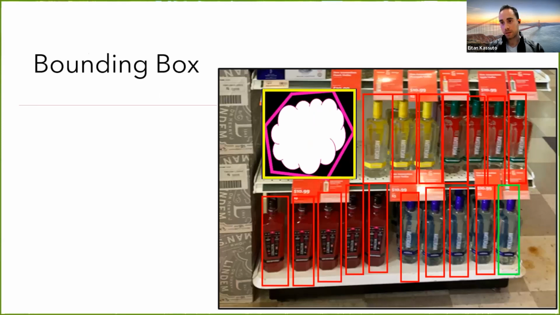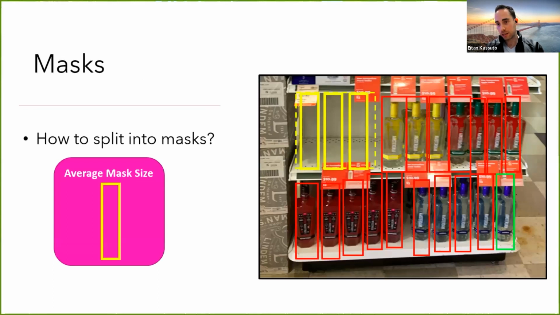And then based on that polygon, we can then generate a bounding box, which represents the area where we think there is empty. However, we want to produce more realistic bounding box sizes for empty. So what we did was simply calculate the average bounding box size in the image. And based on that, we split up that bigger bounding box into smaller, more realistic bounding boxes for the empty class.